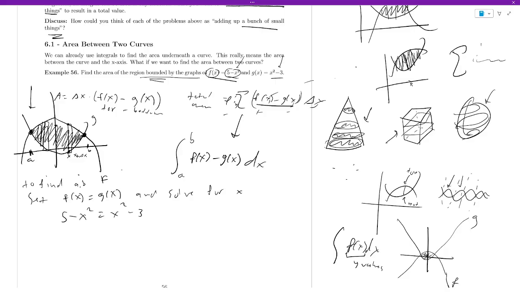Okay, so let's do some algebra. It's good to collect all the same type of stuff on one side. So I'm going to add 3 over: 8 minus x squared equals x squared. I'm going to go ahead and add the x squared over: 8 equals 2 x squared. I can divide by 2: 4 equals x squared. And x is going to be plus or minus 2.